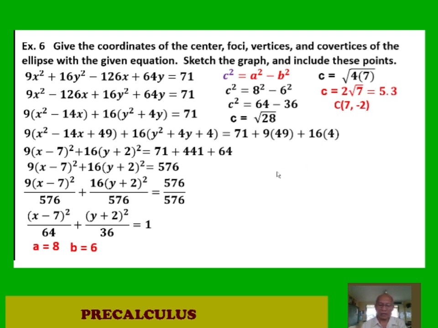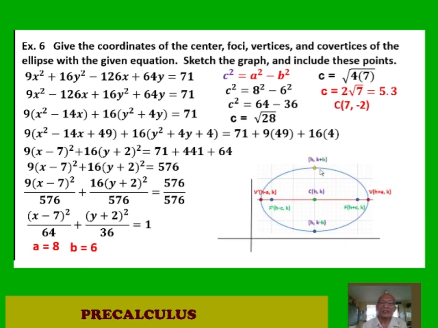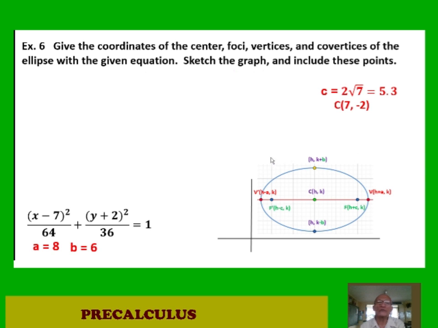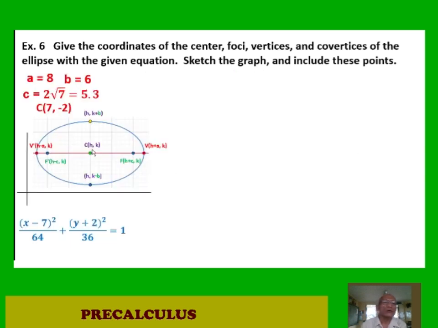Then let us plot the points. This is the center, (h, k) with coordinates 7, negative 2. So let us plot the actual points.